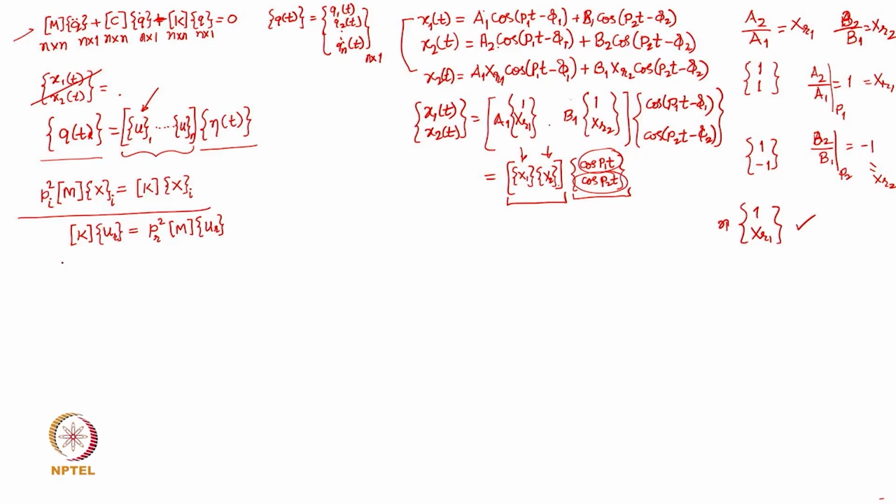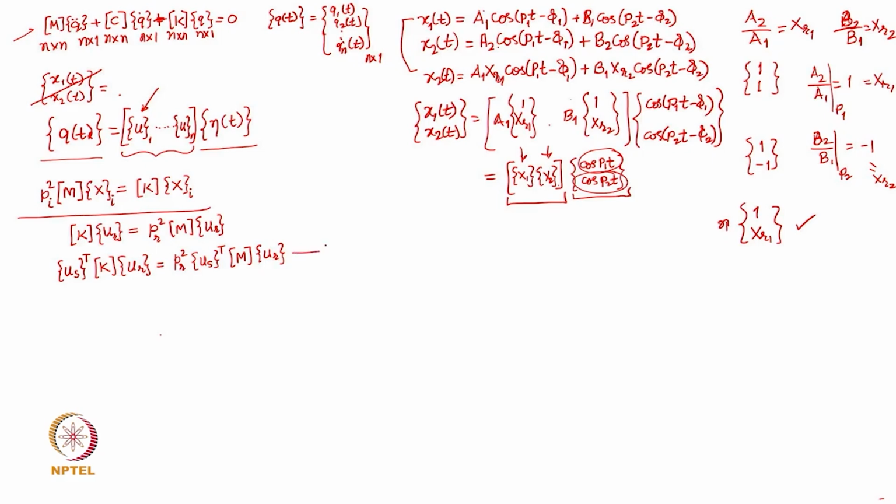Now, what I do is I will pre-multiply the entire equation by another mode shape, a vector representing the sth mode shape. So, I will multiply the sth mode shape vector to this equation, and that gives me this equation. Okay.